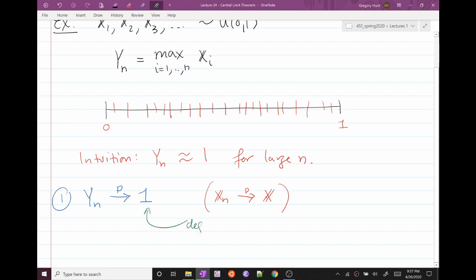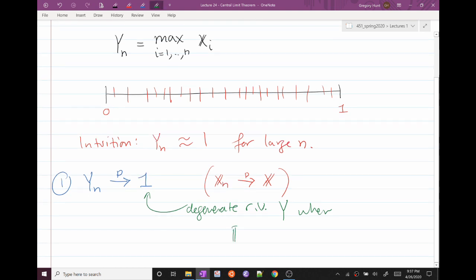It's going to be a degenerate random variable. You could call it Y, where the probability that Y is equal to 1 is 1. So with probability 1, it takes on the value 1. Its PMF would look like, at 1, a stick of height 1.